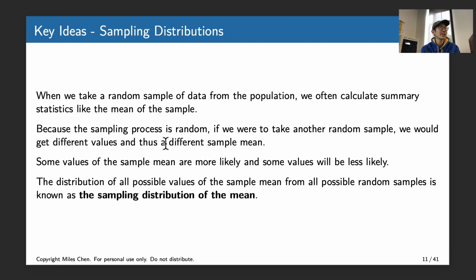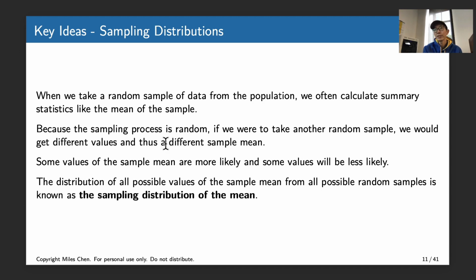So if I take a sample of 100 people and you take a sample of 100 people, and I calculate the mean of my sample and you calculate the mean of your sample, we're probably not going to get the exact same values. We're going to get a different group of 100 people, and we're going to get different values. But if we did this a whole bunch of times, we're going to find that certain ranges of values are more likely, and other ranges are less likely.